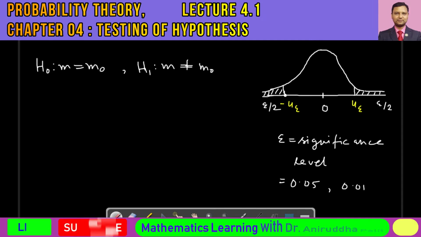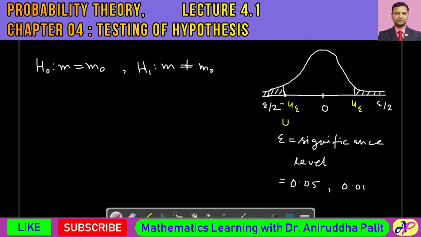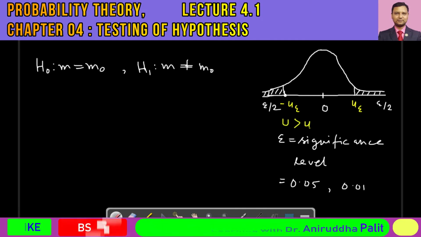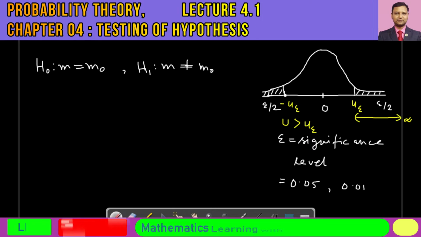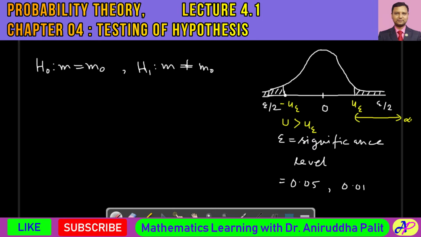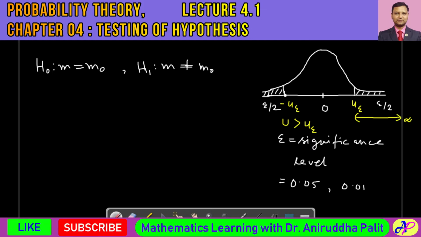You see, this much area would be equal to epsilon by 2. This area actually represents the probability of what kind of event? The probability of the event that u is greater than u epsilon. This is the zone from u epsilon up to infinity, a semi-open interval extended up to infinity.